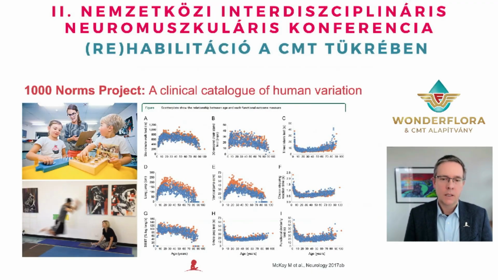So we really have a relative understanding of how each patient is progressing compared to people that don't have CMT. And the way we've done that is collected a large battery of normative reference values, so in children and adults without CMT, called the 1000 Norms Project.